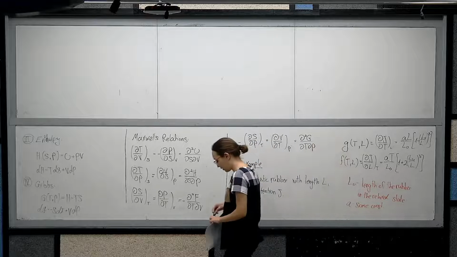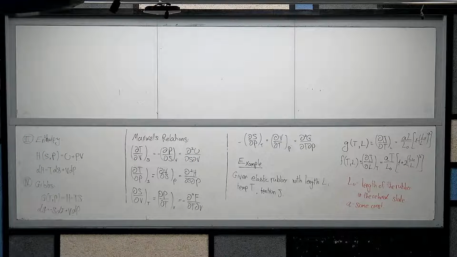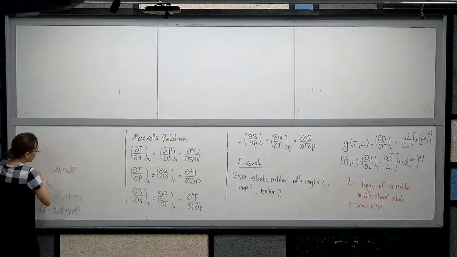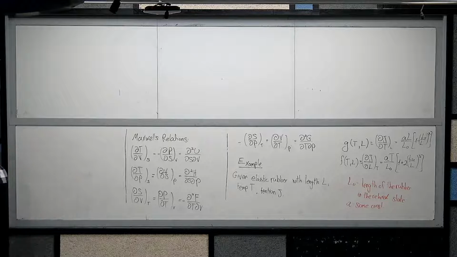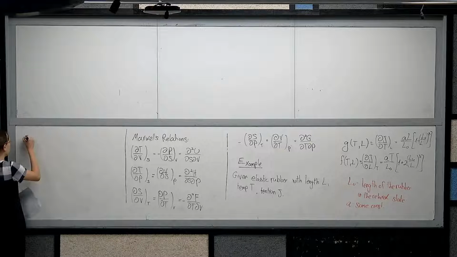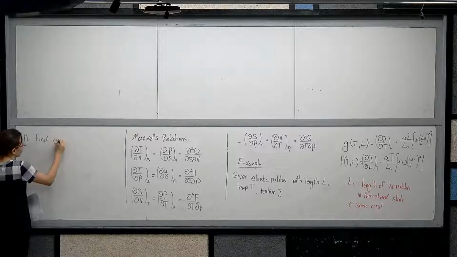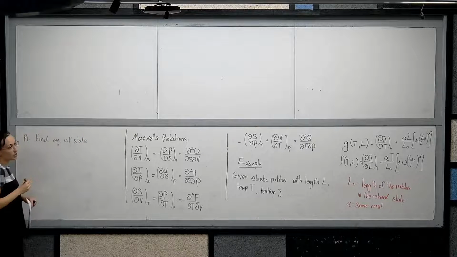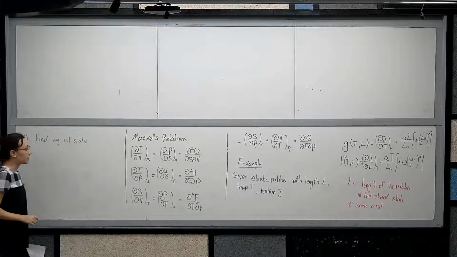Okay, so those are the equations in the question, and now we are asked to find the equation of state. Okay, so we want some equation that depends only on the variables of the system.